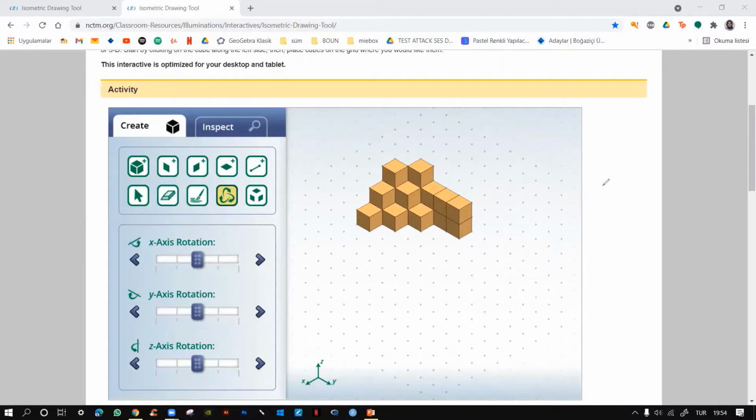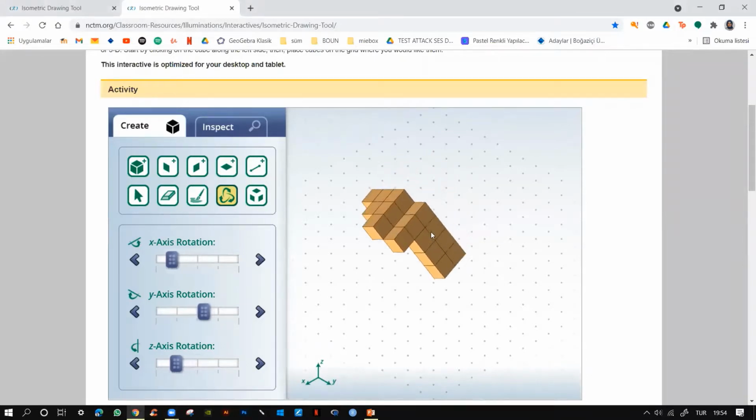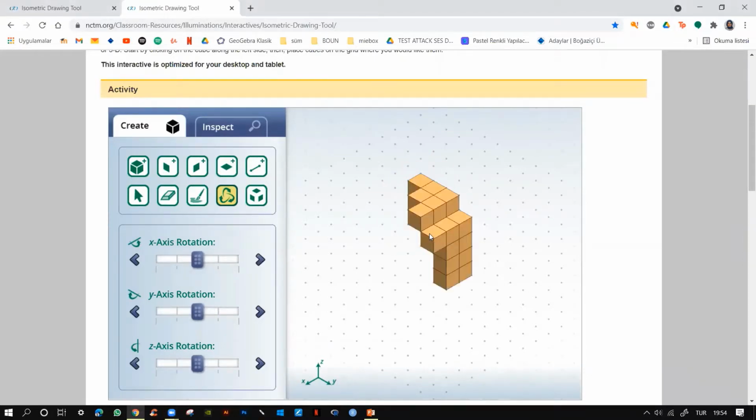Let's look at the shape three-dimensionally. I'm rotating the shape. I cannot see its behind. There may be some unit cubes behind. Let's check it. There are no unit cubes like this, but there may be 1 unit cube or 2 unit cubes.